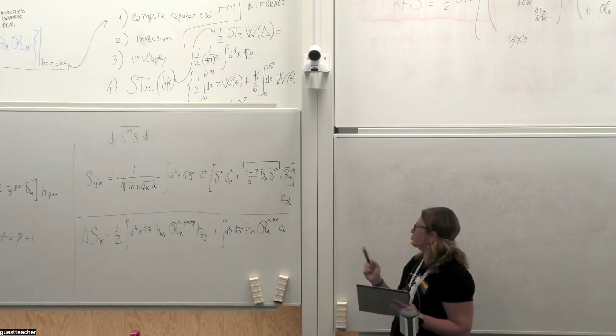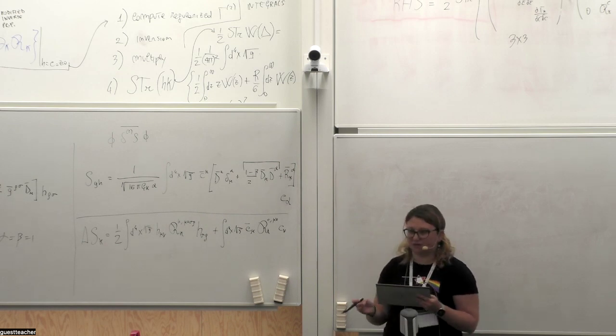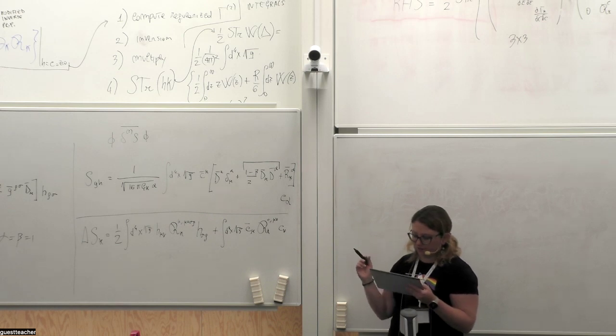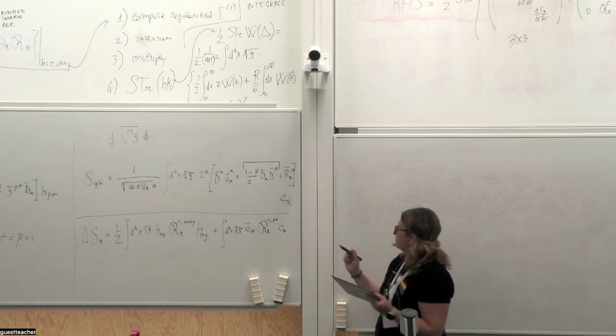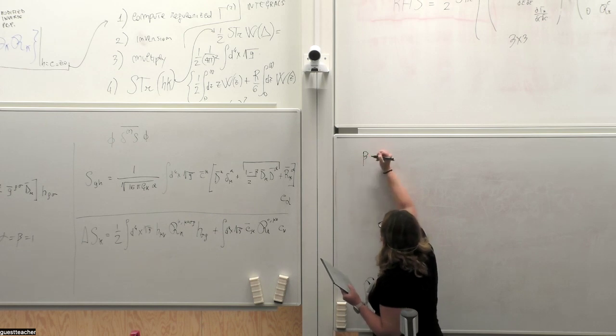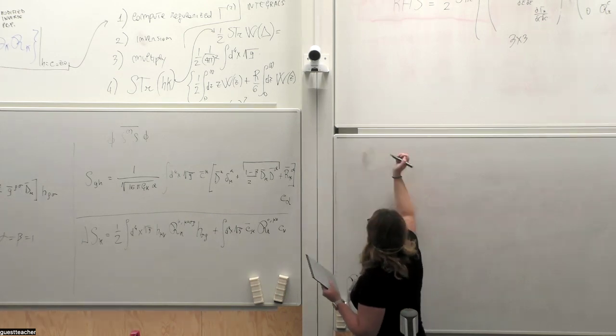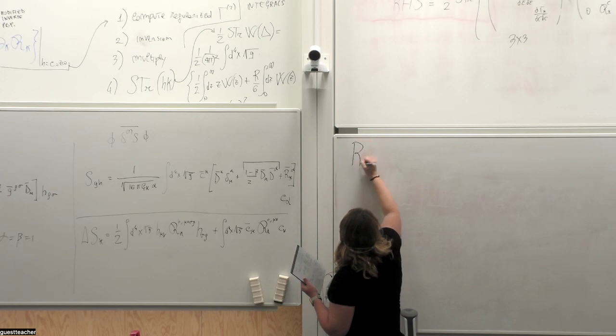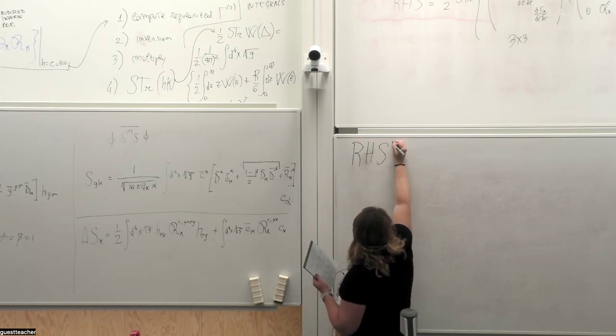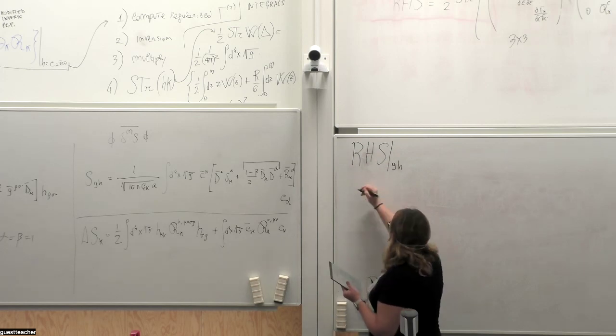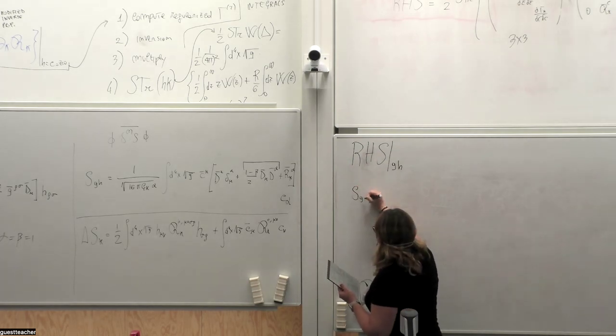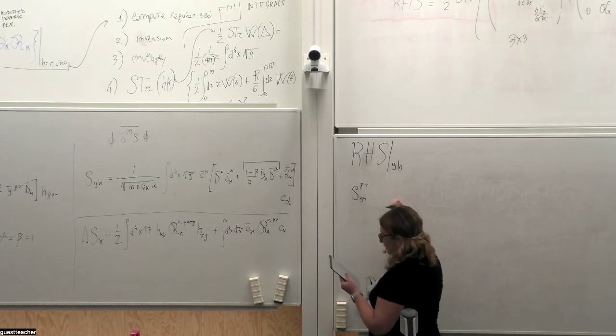So what we are going to do is just to set beta equal to 1, such that practically with beta equal to 1, but let me first write that here, we are going to compute the right-hand side for ghost. And now the ghost action for beta equal to 1 has this form.